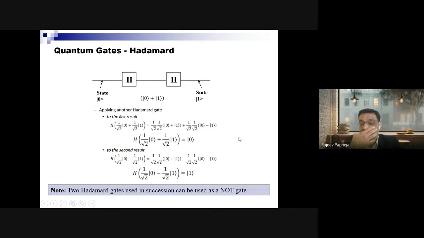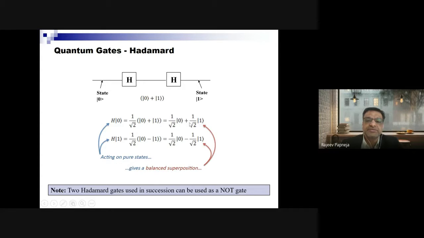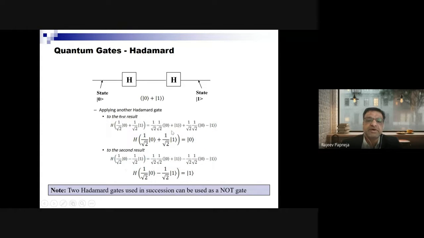Now, if we apply a Hadamard gate to the first result, which is 1 upon root 2 |0> plus 1 upon root 2 |1>, the first one, it will give us 1 upon root 2, and then replace the 0 again by 1 upon root 2 (|0> plus |1>), plus 1 upon root 2, and then replace the 1 by 1 upon root 2 (|0> minus |1>), and you will see that it will turn to 0.